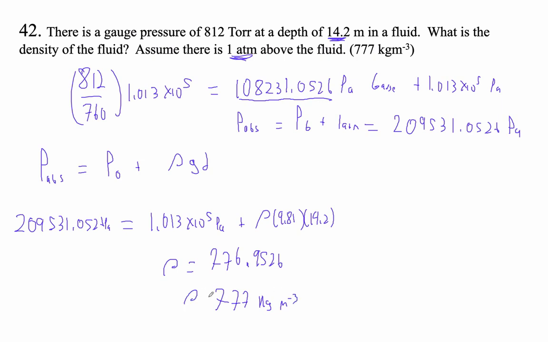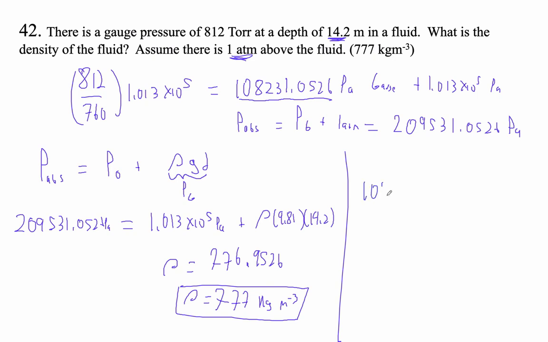Now, this thing here is our gauge pressure. If there's an atmosphere above the fluid, this is our gauge pressure. So really all I had to do is go 108,231.0526 equals density that we don't know times 9.81 times 14.2.